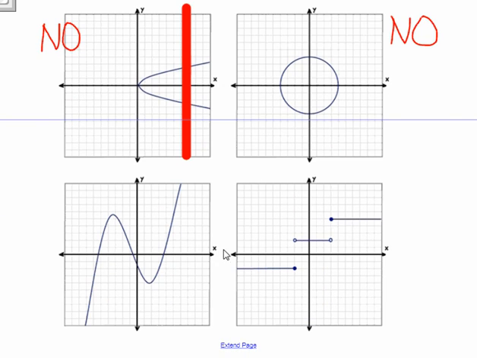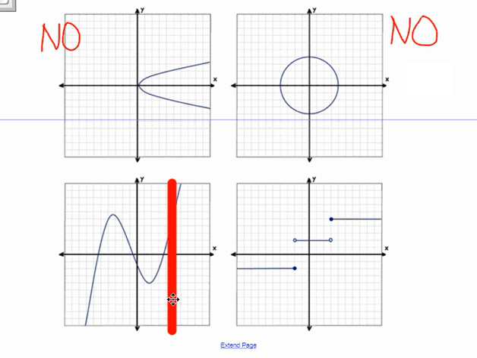So let's scroll down. We have two more graphs here. We'll use our pencil. And I'm going to pull this across my graph, again holding it vertically, the vertical line test. And I can see that actually, no matter where I hold my pencil, I'm only ever touching this blue line one time.